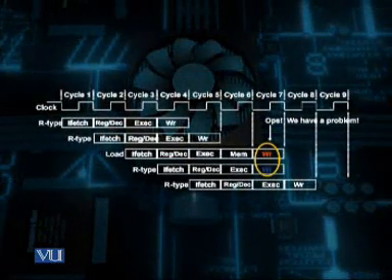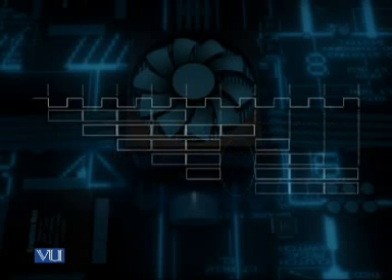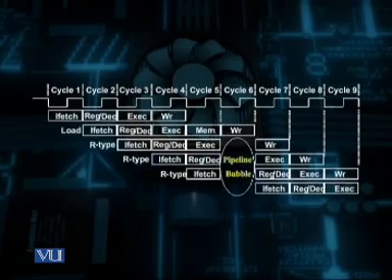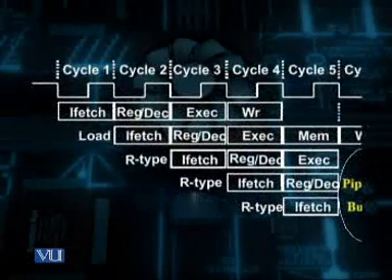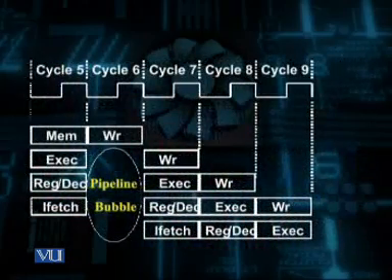There are two possible solutions in order to avoid this type of structural hazard. You can see from this diagram that one way is to introduce a bubble at the 6th clock cycle, which will delay the write operation by the R-type instruction.